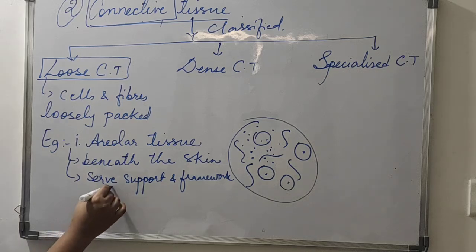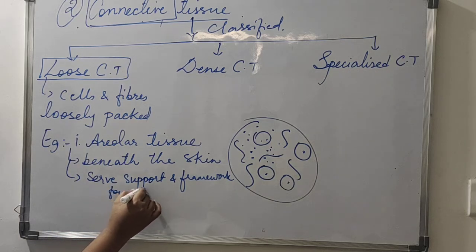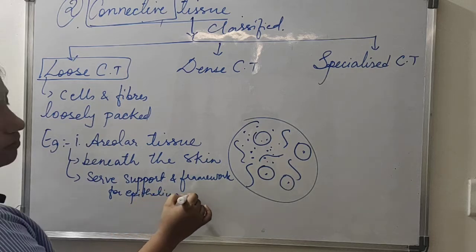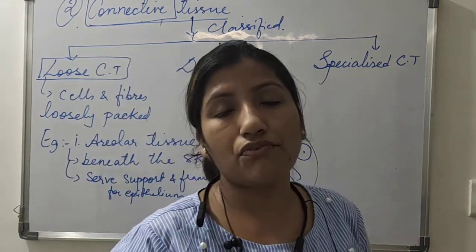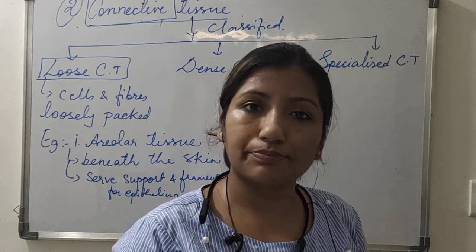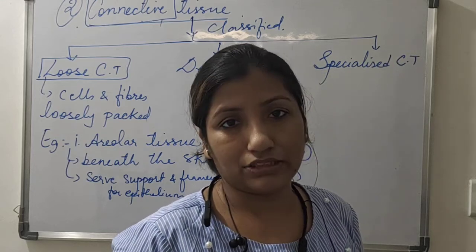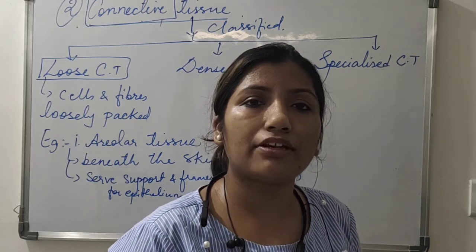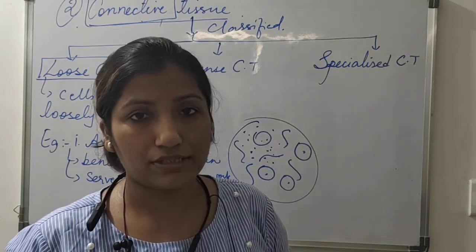For epithelium. We know that our skin is made up of epithelial tissue. If you recall from epithelial tissue, our skin is made up of compound epithelial tissue, right? The simple epithelial tissues are found in the internal organs.